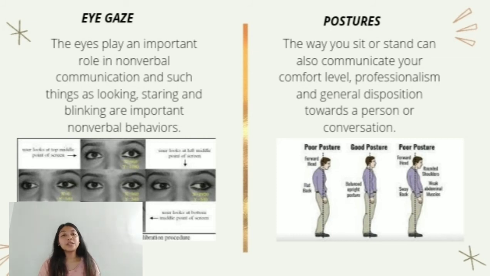If the person has a good posture, we can tell that the person is enjoying the conversation between the other people or between you as a speaker. However, if the person has a poor posture, it shows that the person is not willing to listen nor perceive the message that you are trying to say to them.